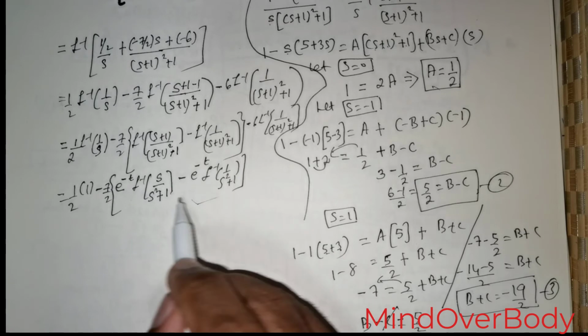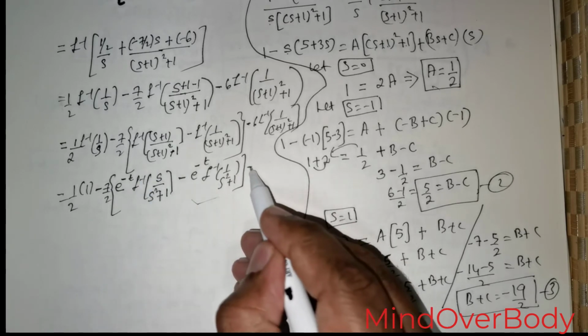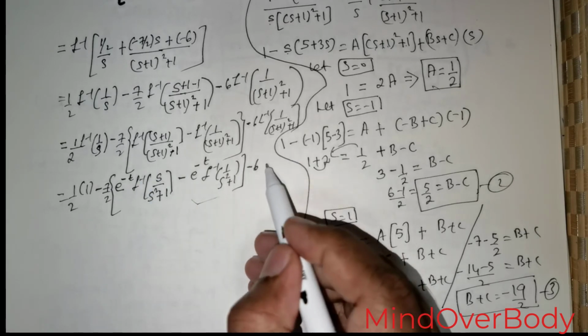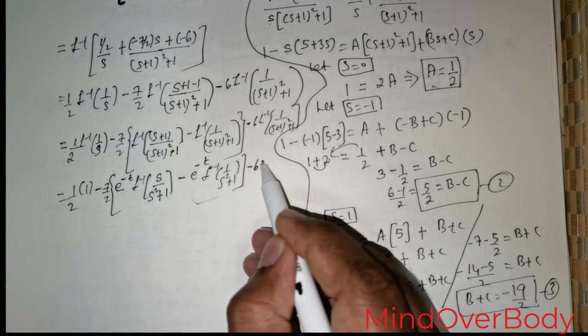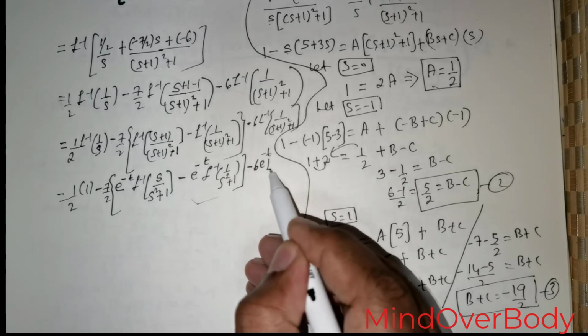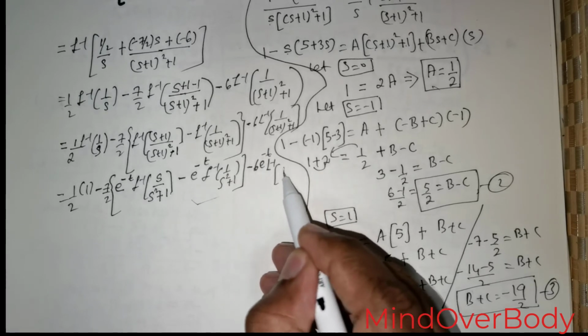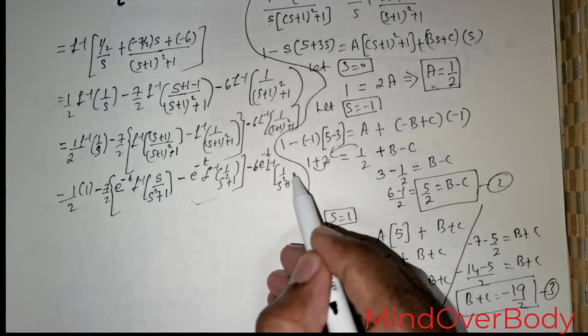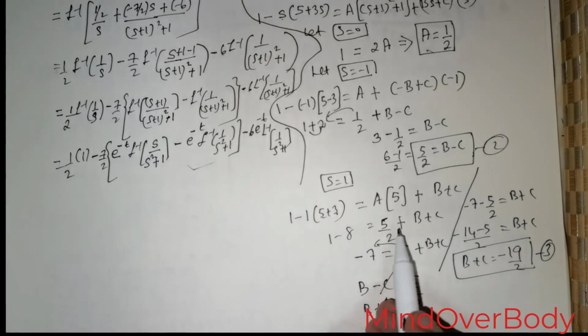So this is what I have got for this term, followed by -6 times the shift. I'm applying the shift, so e^(-t) followed by Laplace inverse of 1 over s squared + 1. So this is what I've got.